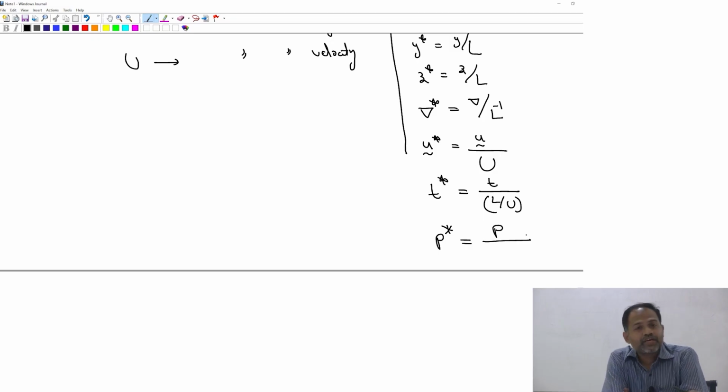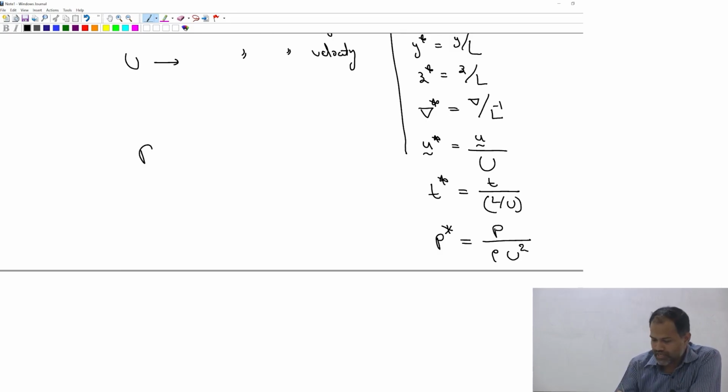Now, there are various ways to do this, and we discussed in the last class that it really doesn't matter what exactly we choose to non-dimensionalize. I'm going to suggest that we non-dimensionalize pressure by rho U square. One way of thinking about it is Bernoulli's equation, P by rho plus half u square plus gz is a constant.